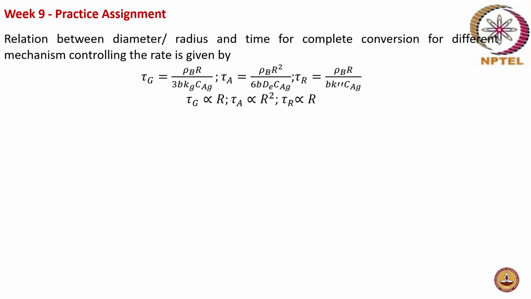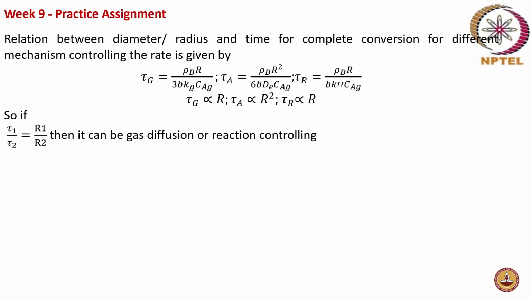Okay, now from this we can find out tau g is proportional to r, tau a is proportional to r square, and tau r is proportional to r. So if tau 1 by tau 2 is equal to r1 by r2, then it can be gas diffusion or reaction controlling, because in both the cases they are proportional to r.